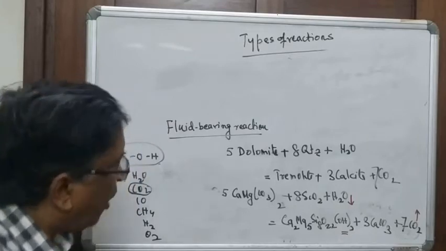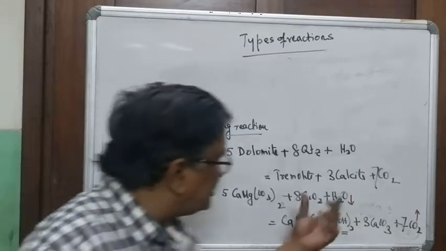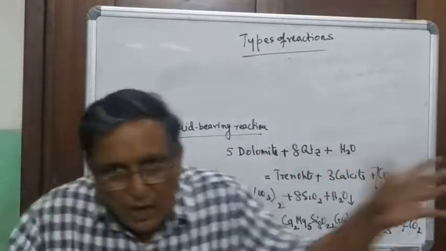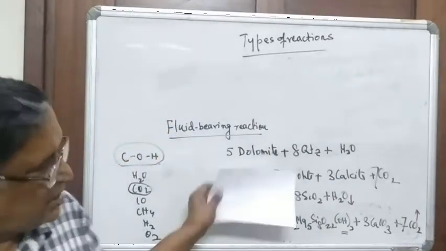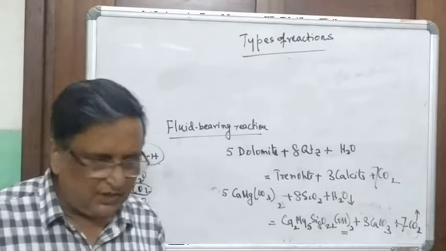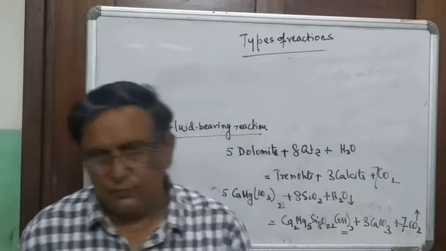But all this is happening within a fluid phase. It is not that there is a separate H2O fluid phase and a separate CO2 fluid phase. No, it's all within the fluid. We will come to these discussions after we finish the thermodynamics part, and they're very interesting discussions. H2O acting as a sink, carbon dioxide being liberated.